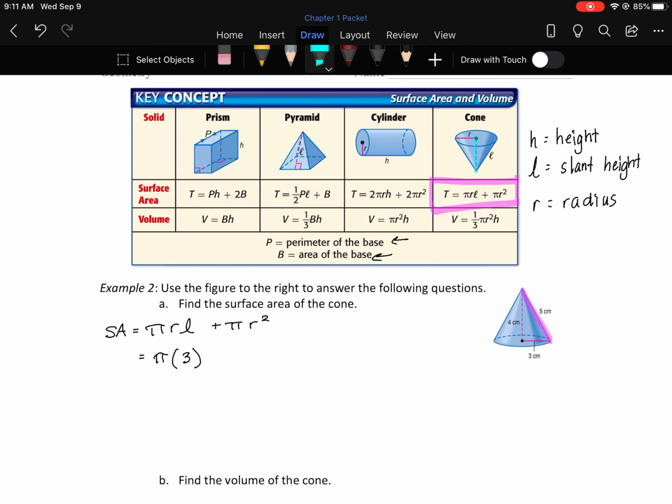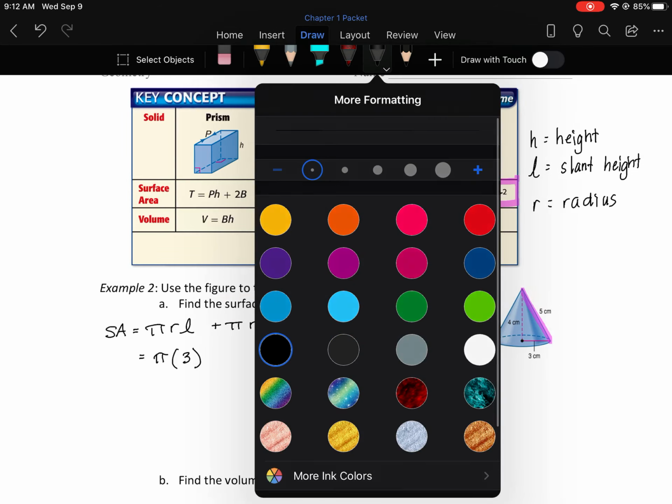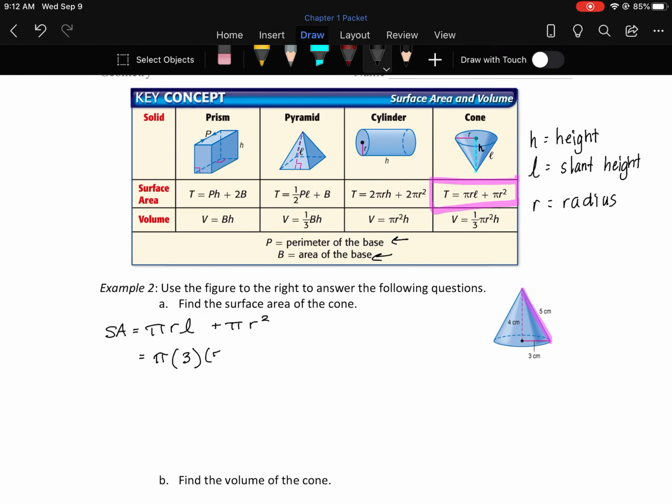So that's actually your height. So let me put the H there in that figure so you have it. All right, so in this case, L is 5 plus pi plus r squared, so 3 squared.